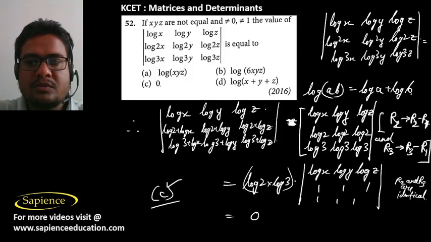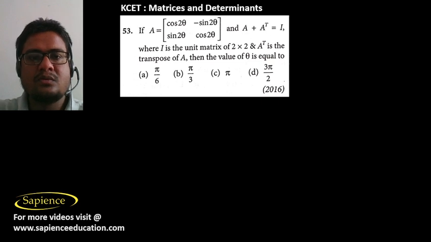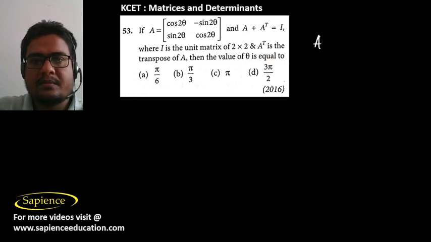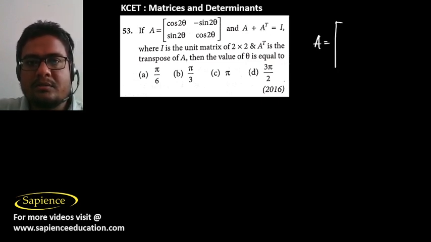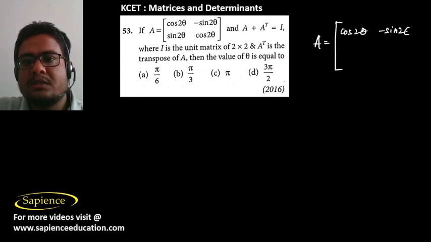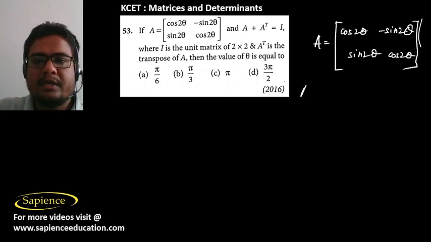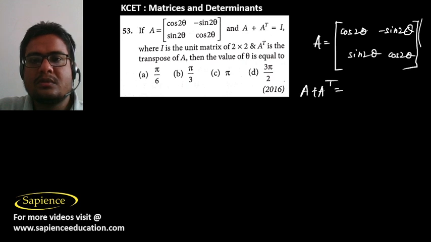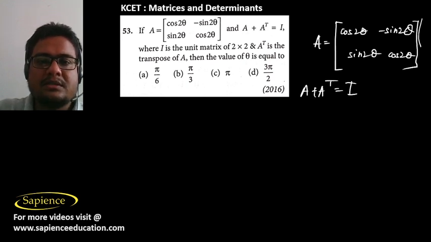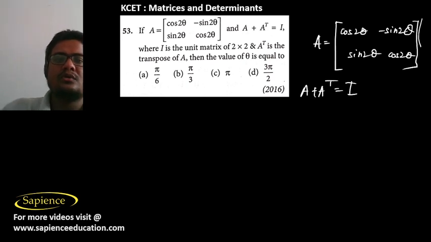Then in question number 53, it is told that the matrix A is equal to the determinant of cos 2 theta, minus sin 2 theta, sin 2 theta, cos 2 theta, and A plus A transpose is equal to I, where I is the unit matrix of 2 cross 2.